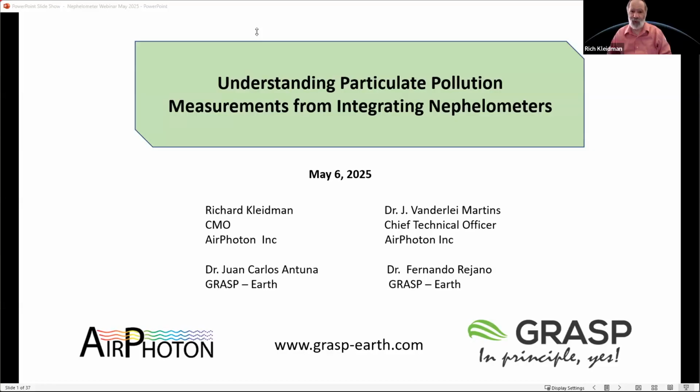Yeah, there's a lot of work in progress, a lot of pieces to upgrade, advance, and validate what we can do with these instruments, but also making that connection between the satellite, the column, and the ground measurements. So we have many pieces in place, and we're working on connecting all of those.